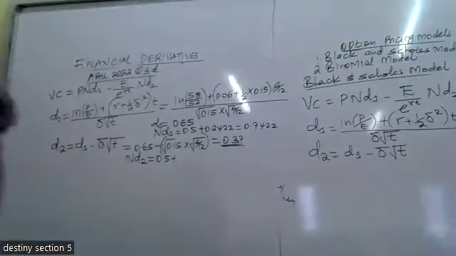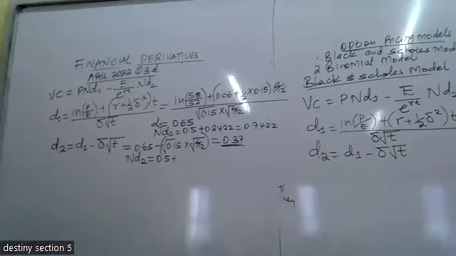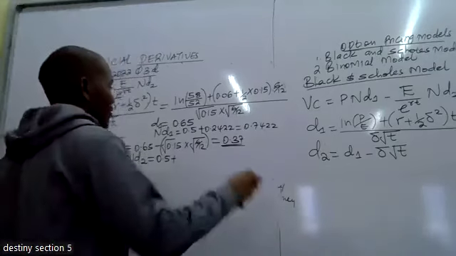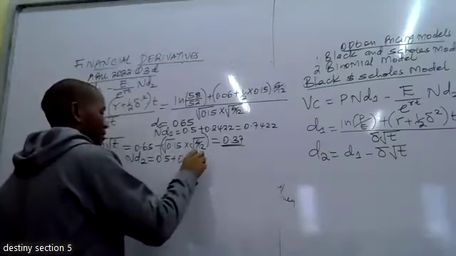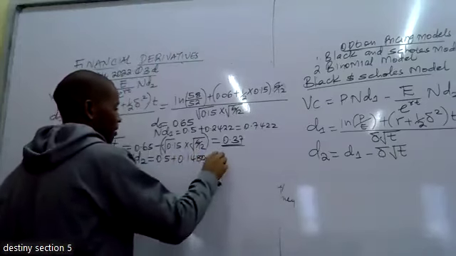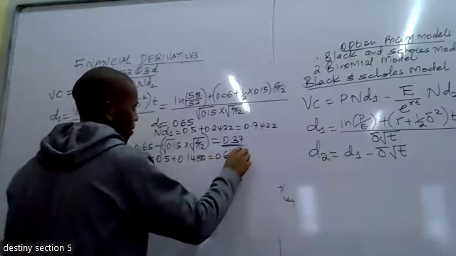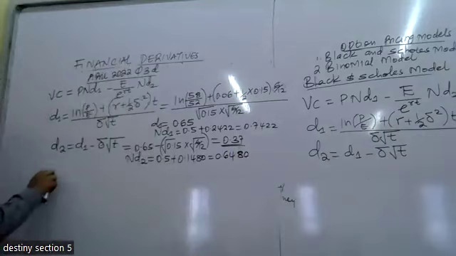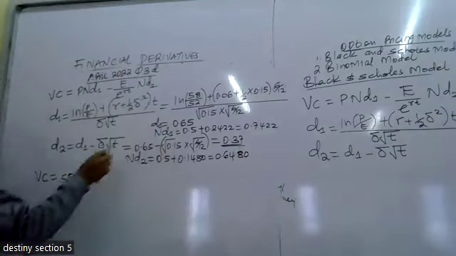It is 0.6480. So now we can get the value of the call, which will be the market price times N(D1), 0.7422, minus the exercise price, which is 52, times exponential of minus rT, 0.02.